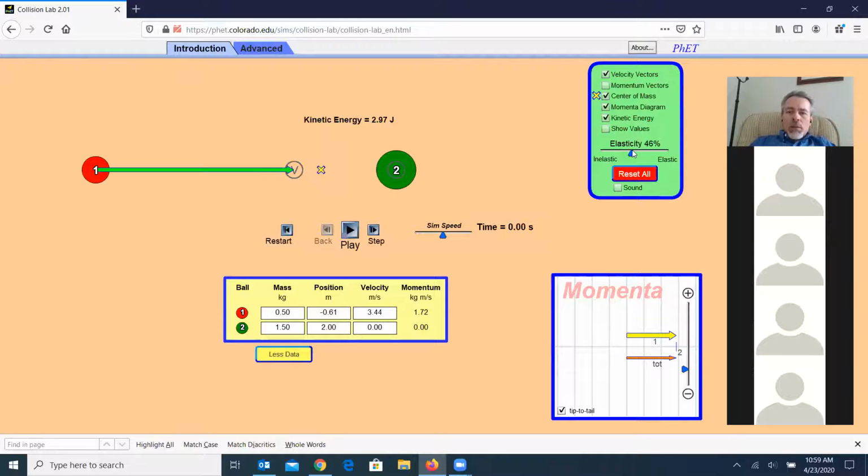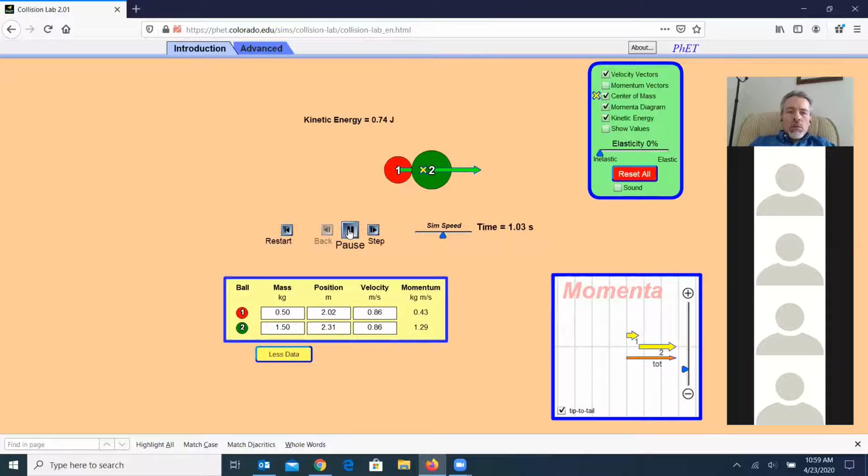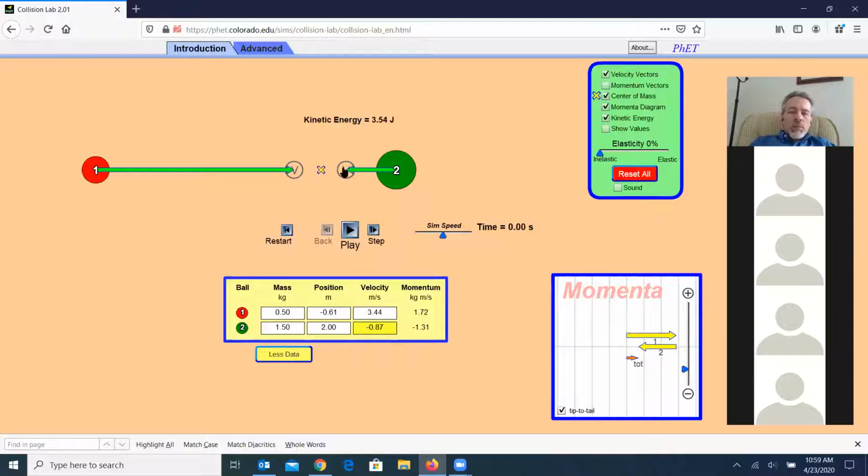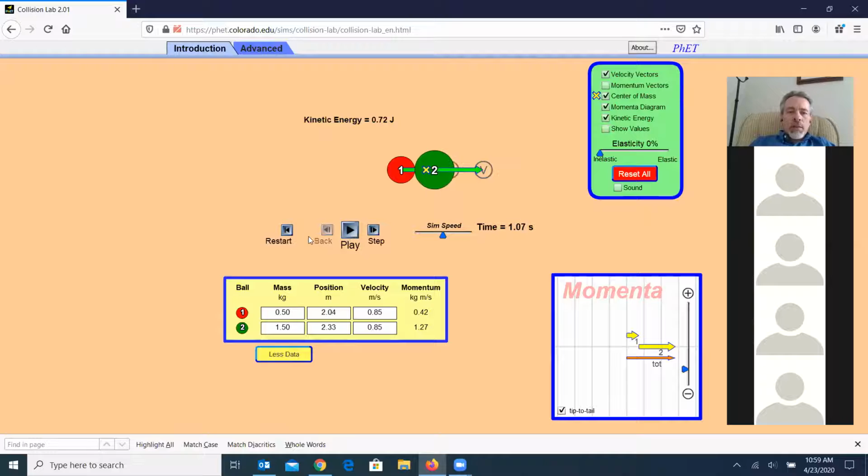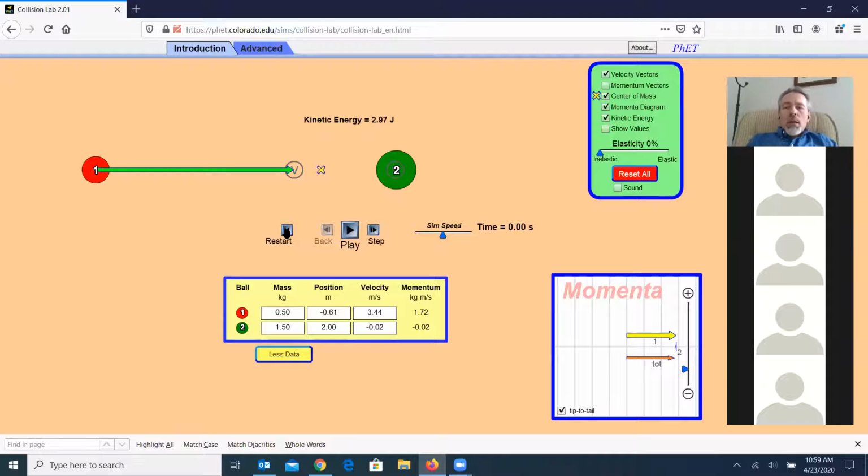And you had to do at least 2 that were perfectly inelastic. So I'll do a couple of those. There's one. Reset. Maybe they're moving in the same or opposite directions, perfectly inelastic. Reset. Or maybe this one's not moving at all, perfectly inelastic. So you had to do at least 2 of each of those different ones.